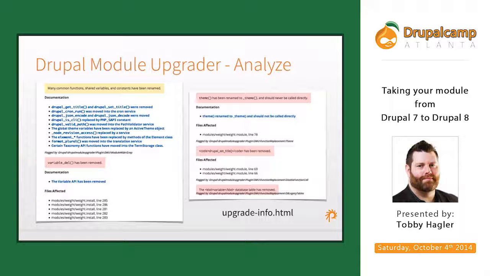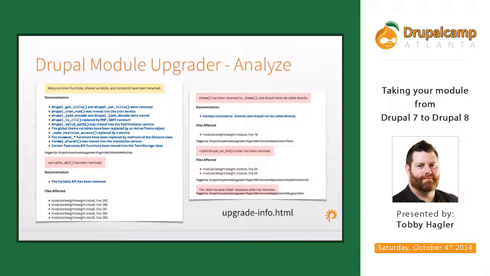By and large, this is what you can expect to see when you run drush dmu-analyze. You get this upgrade-info.html file that it just sticks in your module directory, so you can view it in a browser, print it out, do whatever you like. It'll give you a list of everything that needs to change, what class or what interface you need to use, because that hook is deprecated.